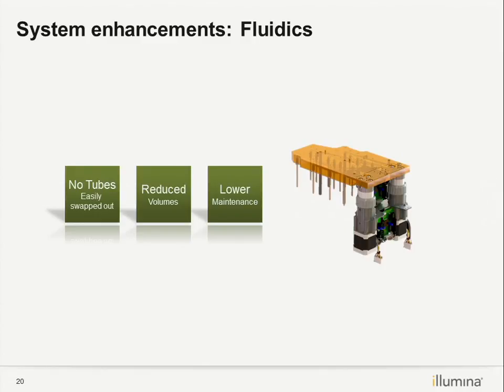In HiSeq, if some of you have experience, basically you have to wash the system every day because there are a lot of long lines inside the instrument, and you have to make sure that there are no blocks or leftover chemicals or precipitates inside the instrument. So basically you need to wash it every day.